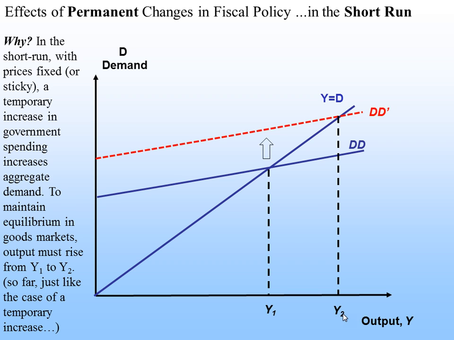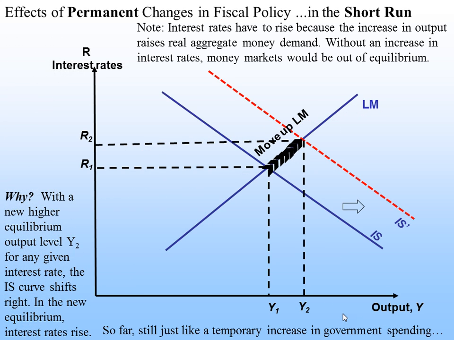Aggregate demand rose, but aggregate demand has to equal output in equilibrium, so we end up over here at a higher output level, Y2. So far, just like the temporary increase in government spending. That increase in equilibrium output shifts the IS curve out from IS to IS prime, and we move along the LM curve to a new higher interest rate.